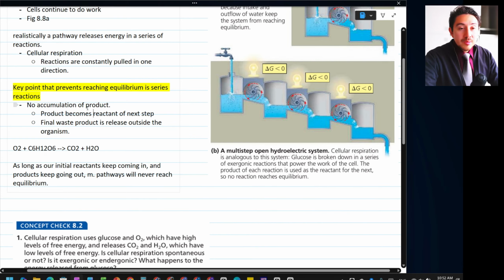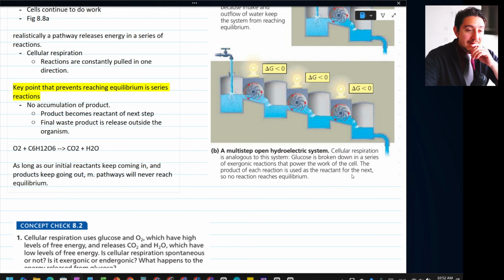Because there's no accumulation of product. The product becomes the reactant of the next step, and then the final waste product is released. So an organism itself will never be in equilibrium, ideally.